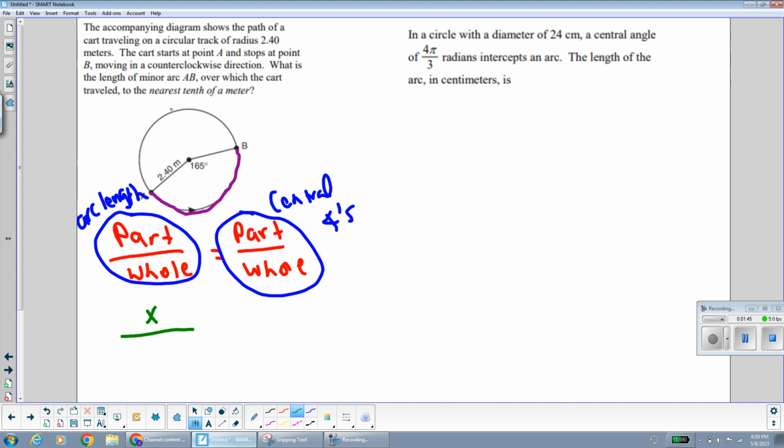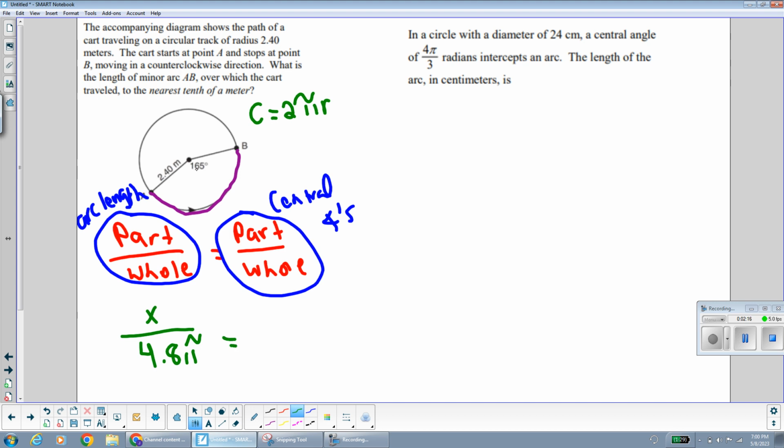If we go around the whole circle and measure the length, that's the same thing as saying the circumference of the whole circle. The circumference of a circle is 2 pi r. Since the radius here is 2.40, let me plug that in. That would be 2.40 times 2, so 4.8 pi would be the circumference of this whole circle.